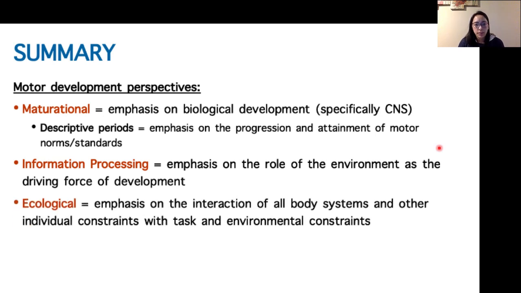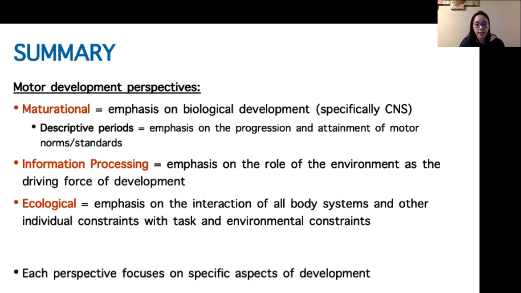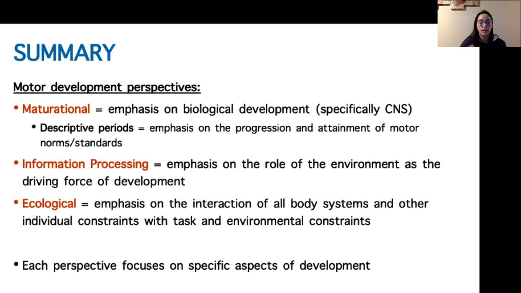The ecological perspective highlighted the importance of the interaction of all of our body systems and other individual constraints, as well as the interaction of those individual constraints with other constraints from the task and the environment. I do want to point out that each perspective focuses on different aspects of development.